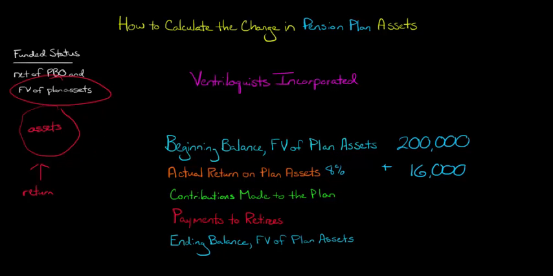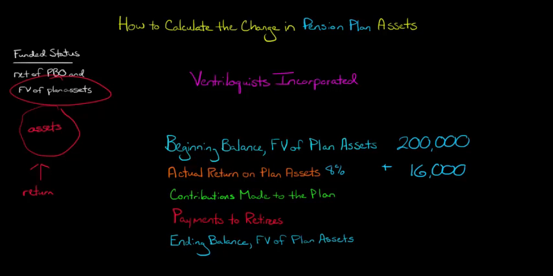Now the fair value of the plan assets will be increased not just by the return, but also by any contributions made to the plan. The employer needs to make sure there's enough of a pool of assets to pay the retirees after they've retired, so they have to put money into the plan. They can't just wait for the return to happen. Also the employees themselves might make contributions.